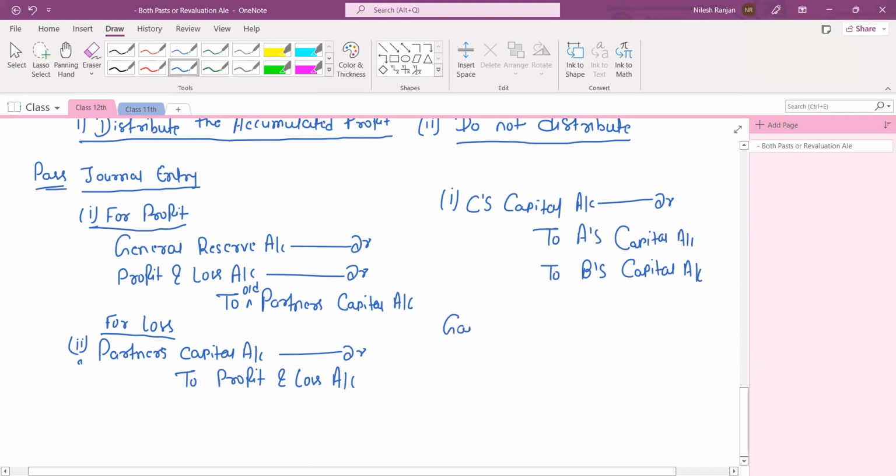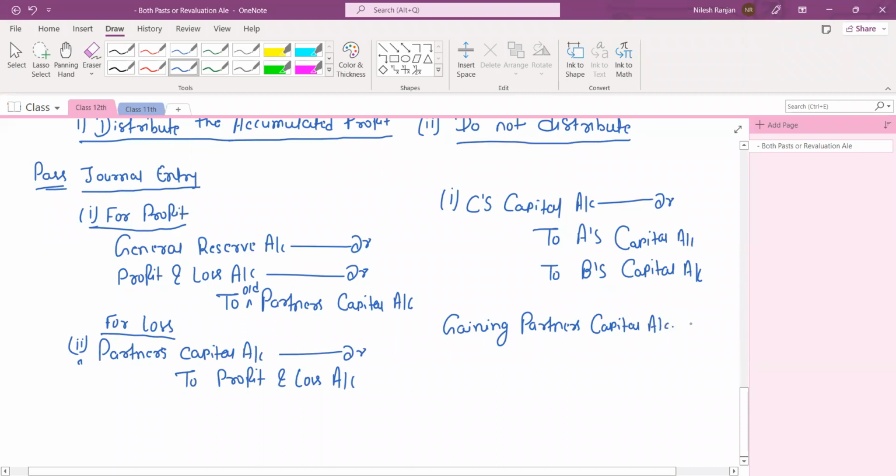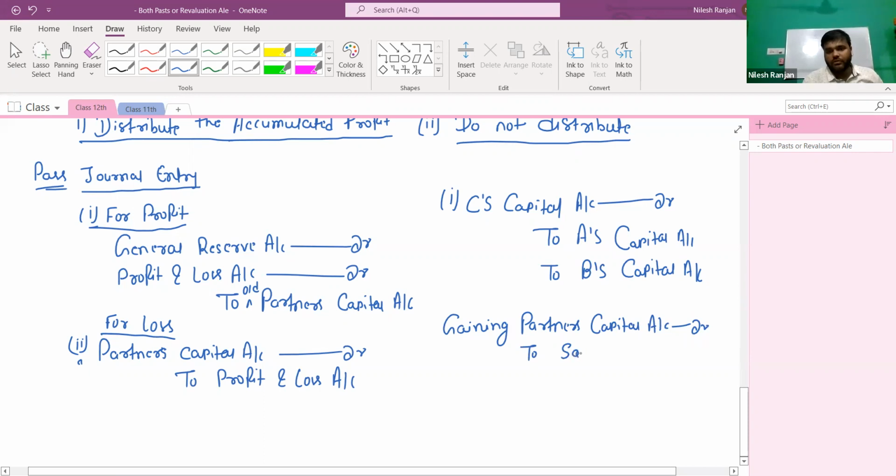So the entry will be: gaining partners' capital account debit to sacrificing partners' capital account.